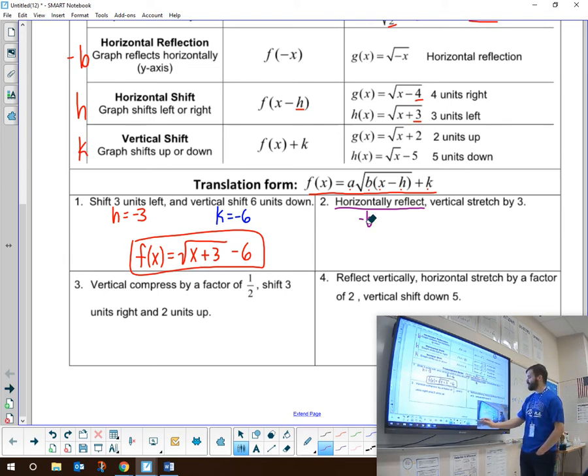Next, we have a vertical stretch by 3. Vertical stretch by 3, that's my A, and it's not backwards or a lie or anything, so that one's just going to be A equals 3.